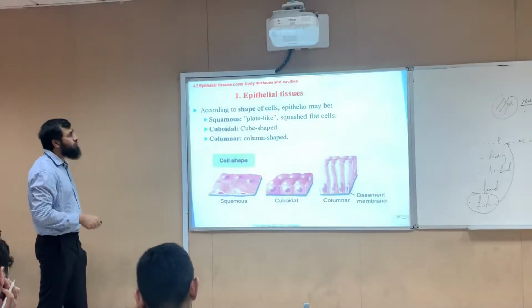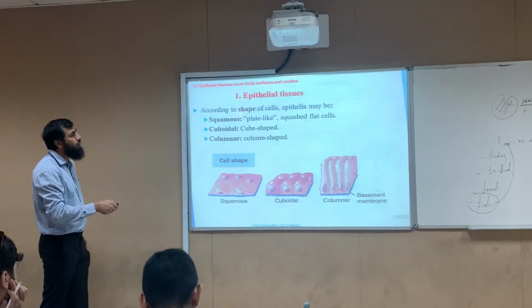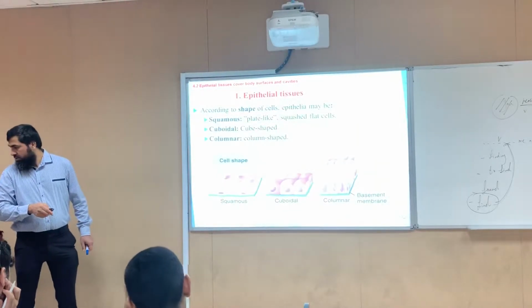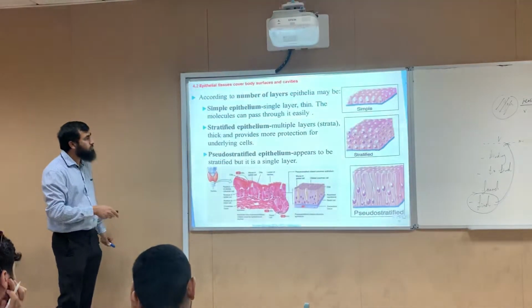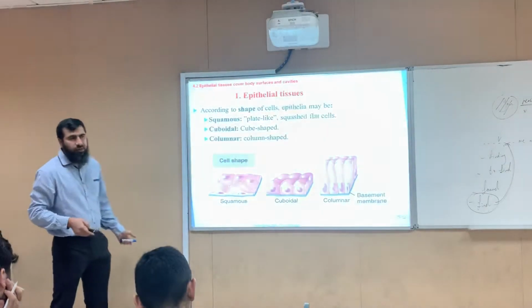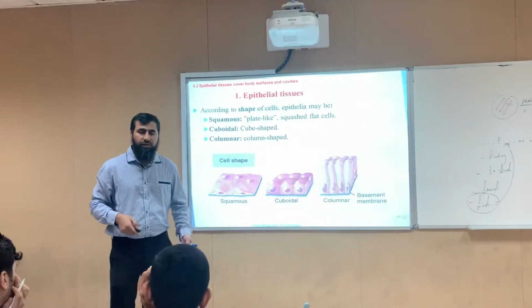So according to layers, and then we also, I think, did I skip one? No. Okay. When we name epithelial tissue, we talk about the layers first, then the shape.